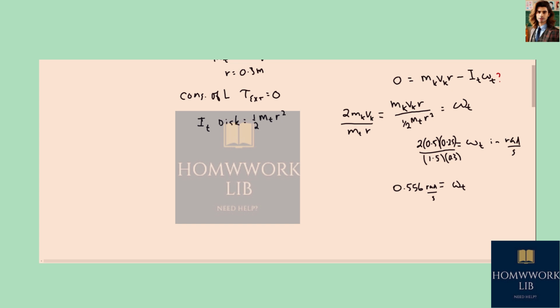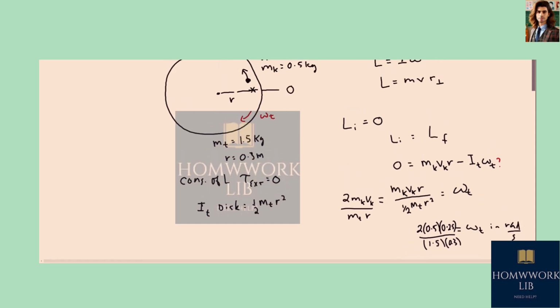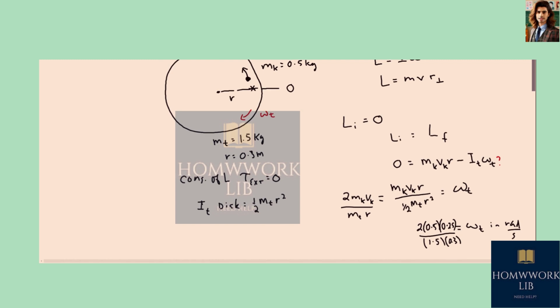Okay, we're going to ask another interesting question that's going to have us move between frames a little bit. We're going to ask, suppose the kitten walks all the way around the edge and gets back to its starting position. And the way I'm interpreting that is by walking all the way around the edge, it is going to return to the star position.